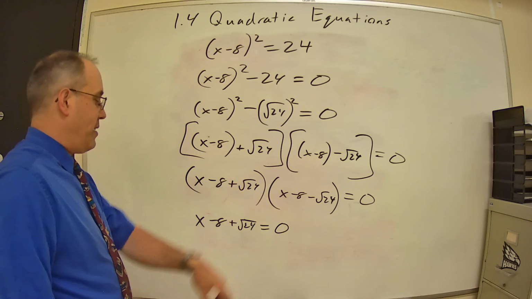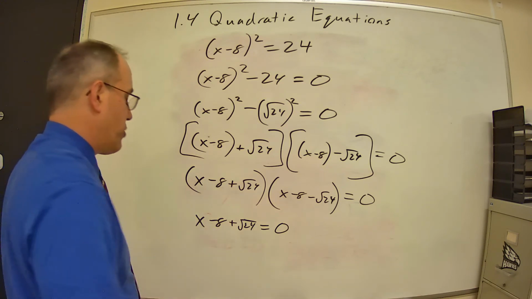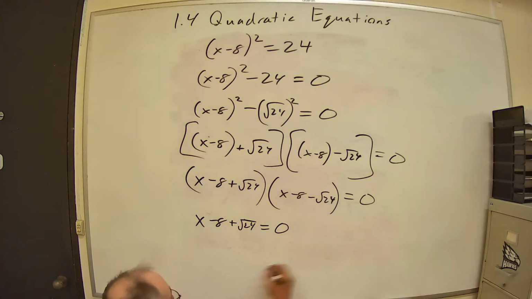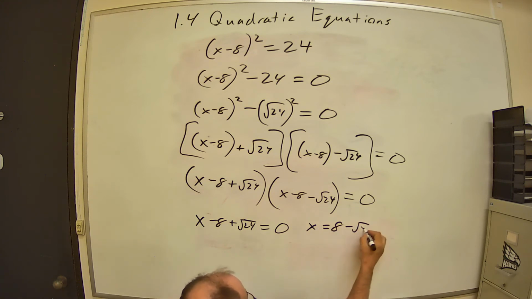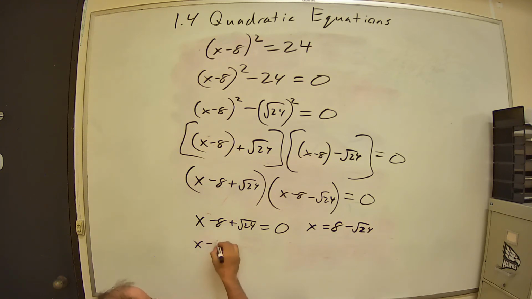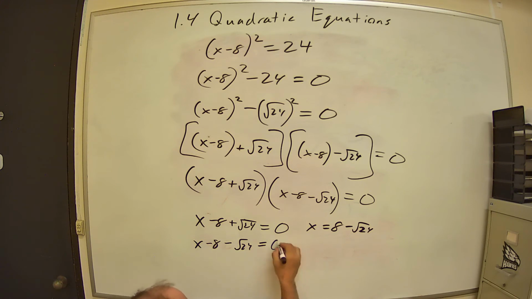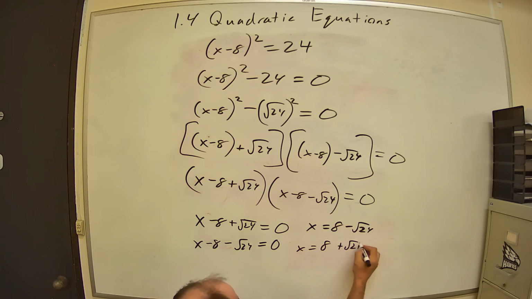If we add 8 to both sides and subtract the square root of 24, we get x equal to 8 minus the square root of 24. If we go x minus 8 minus the square root of 24 is equal to 0, then x is equal to 8 plus the square root of 24.